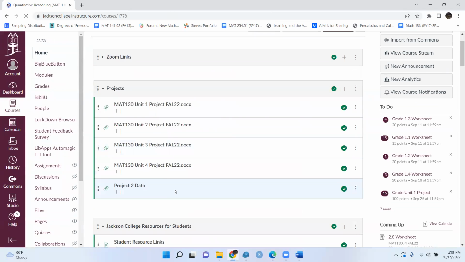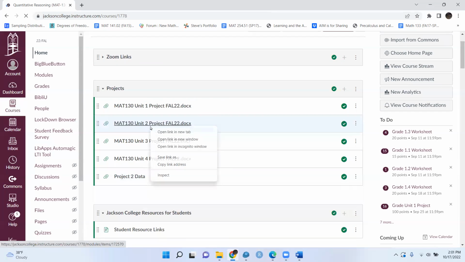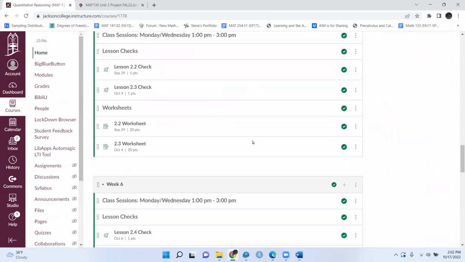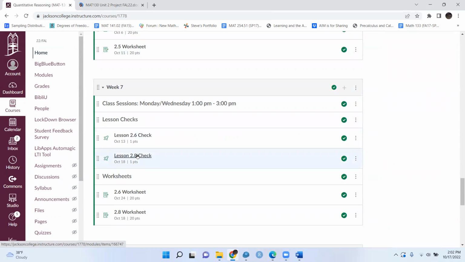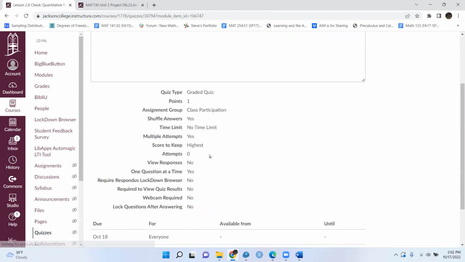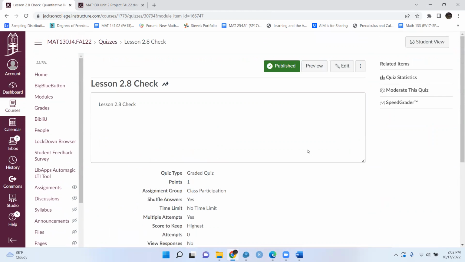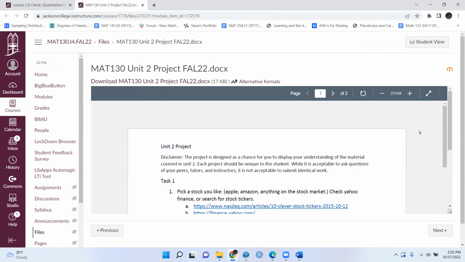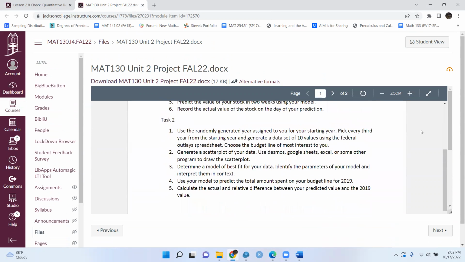While we're here, I'm going to quick download this. Oh, they're both multiple attempts. So if you got it wrong, you can keep attempting till you get it right. Just so we're all clear on this.